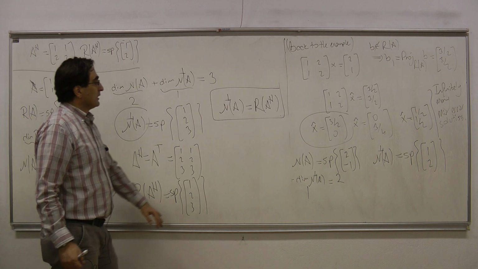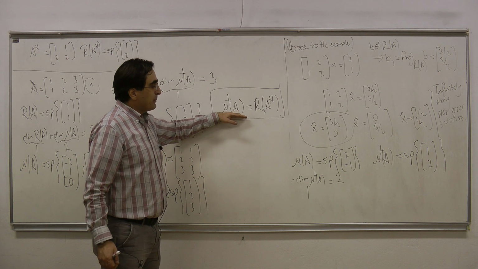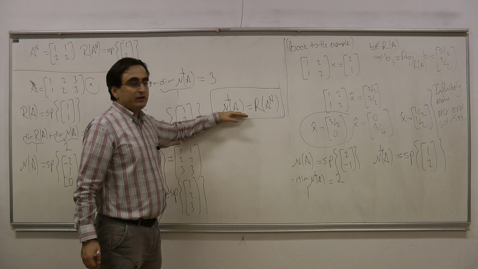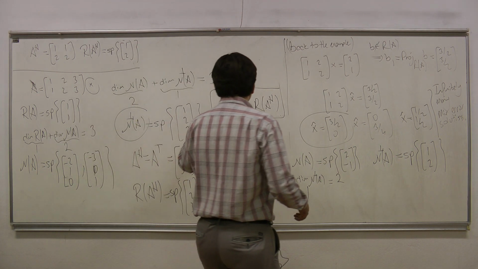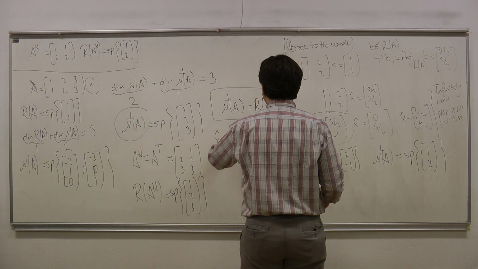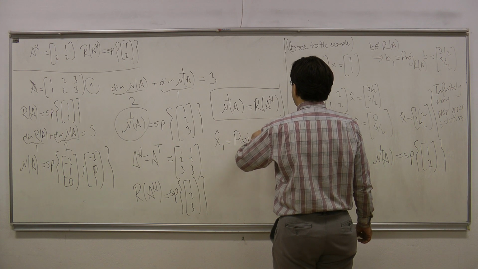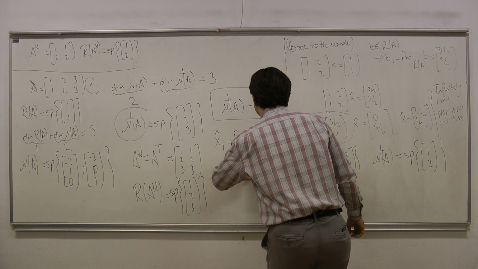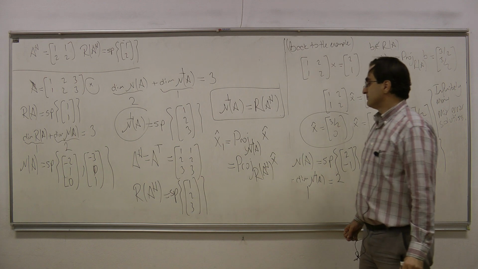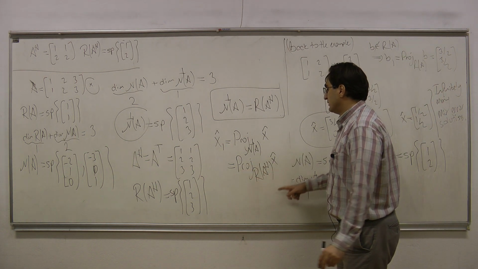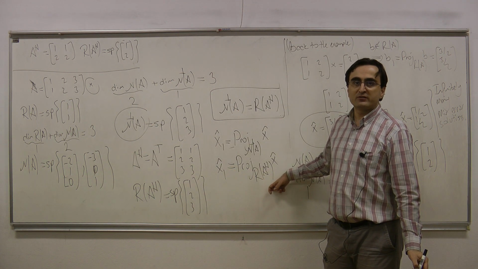So this tells us that the space that I am trying to project onto is nothing but the space of the rows of the matrix A. When I write this projection onto the null space of A orthogonal complement, which is equal to the range space of A Hermitian, it means that this projection is going to be an element of this space.